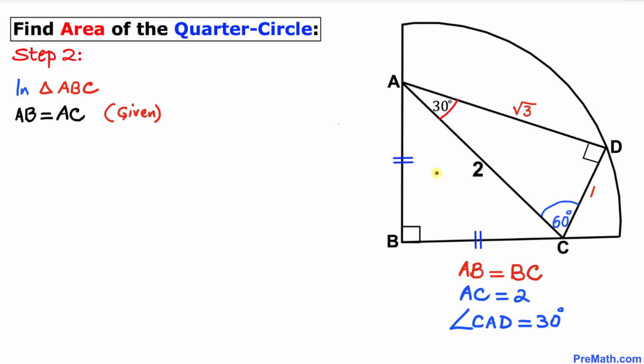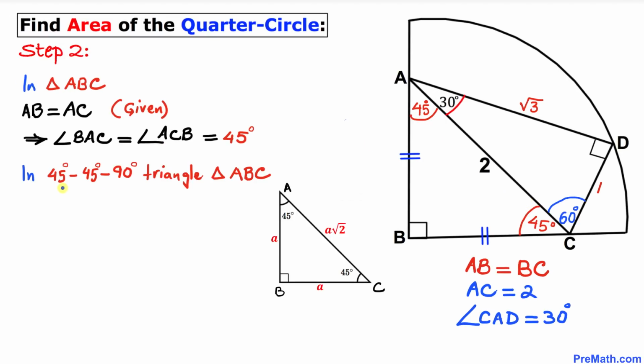And here's our next step. Let's focus on this triangle ABC. We know that this side length AB is equal to this side length BC, so this triangle is an isosceles triangle. So this angle has got to be 45 degrees and this angle is going to be 45 degrees as well. Both angles are 45 degrees each.